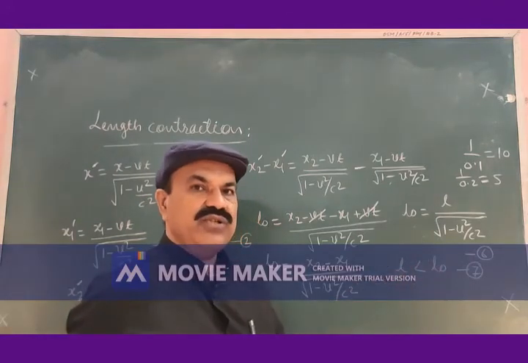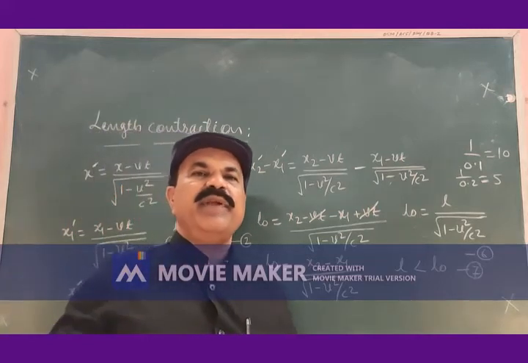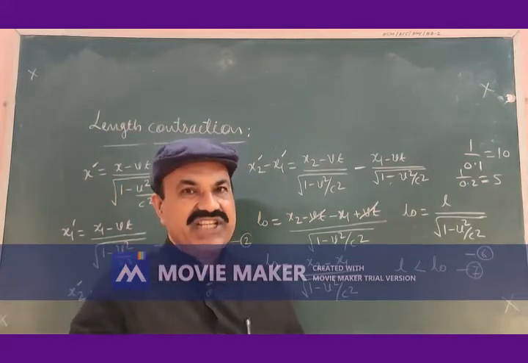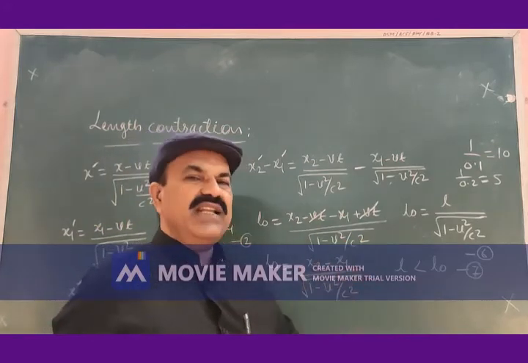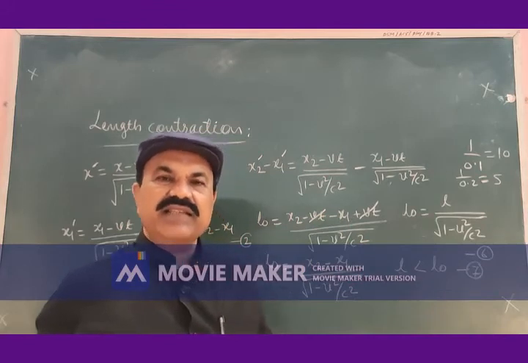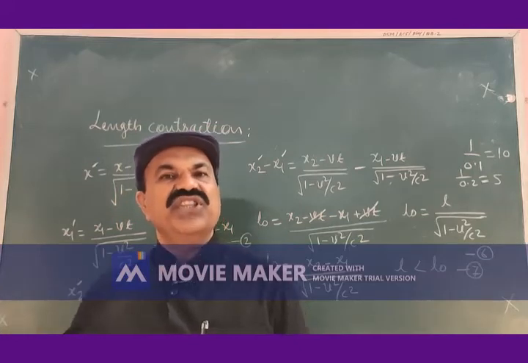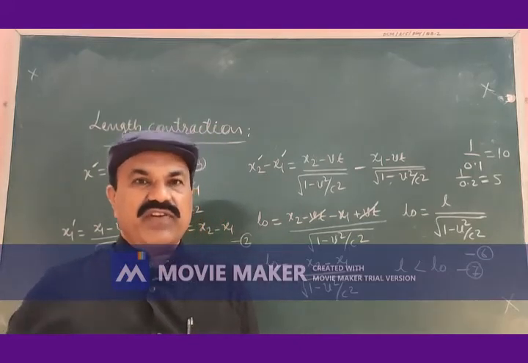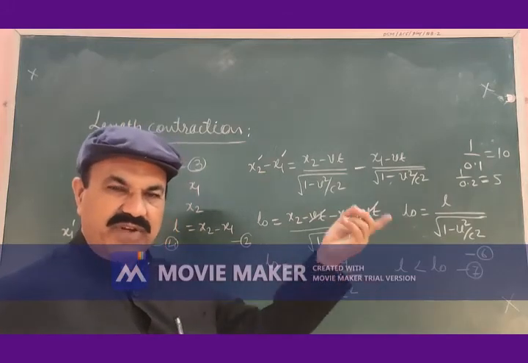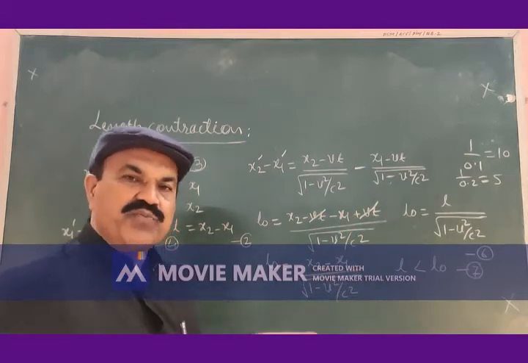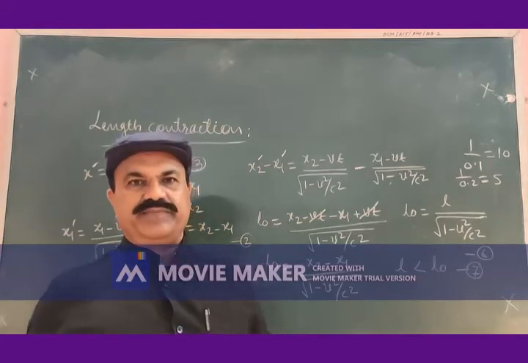What is L0? It is the length of the rod measured by the observer O prime in the frame of reference S dash, in which the rod AB is stationary. What is L? L is the length measured by the observer O in the stationary frame of reference, when the frame of reference containing the rod is moving away from the observer O with constant velocity v.